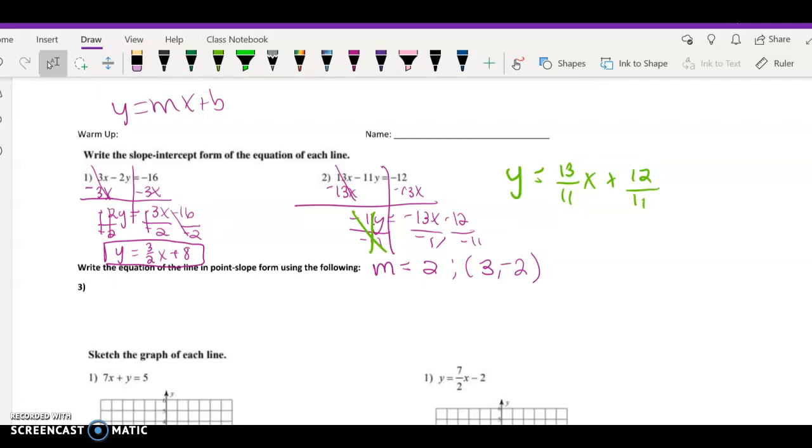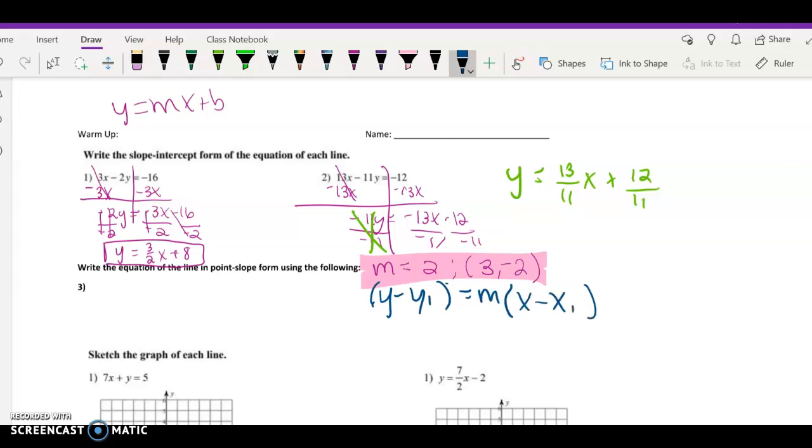Okay, next it says to write the equation of the line in point slope form using the following. So I'm giving you the slope, which is 2, and the point, which is 3, negative 2. So point slope, we have y minus y1 equals m times x minus x1.